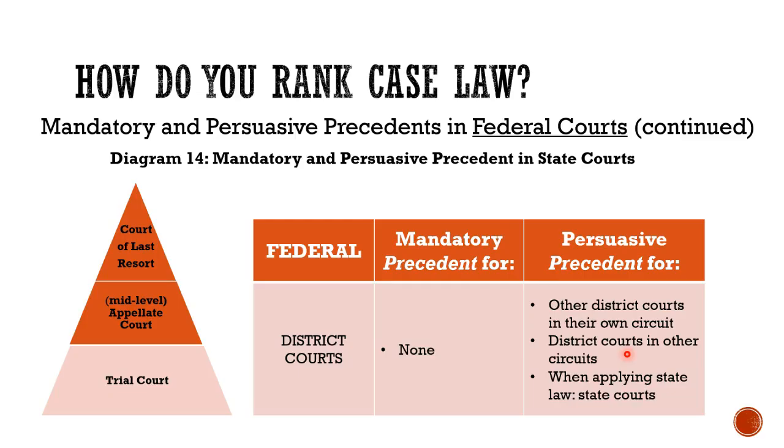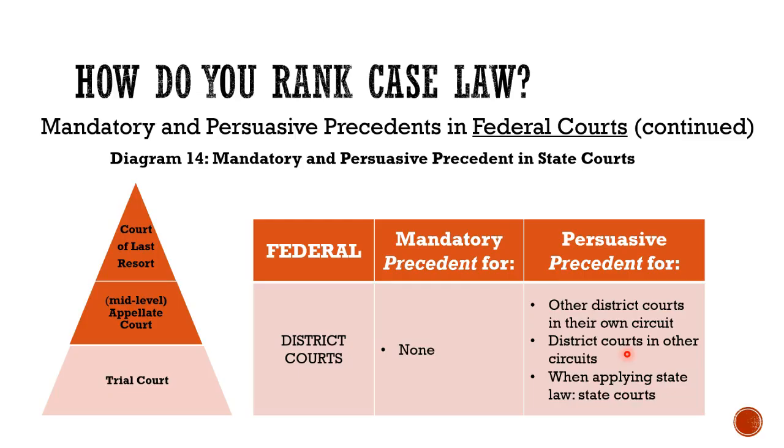And when you're applying state law, the state courts, so when the district courts apply state law, state courts have a persuasive precedent. Decisions from the district courts of the federals, when they are applying state law, think of diversity of citizenship jurisdiction.